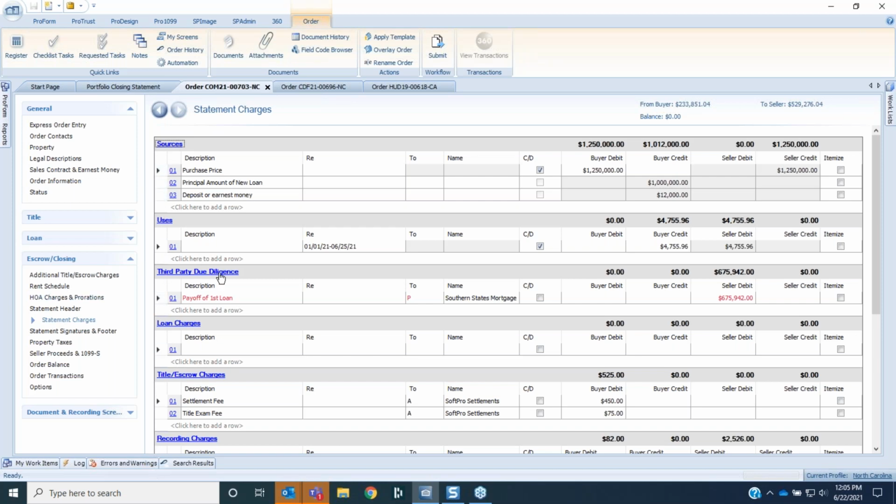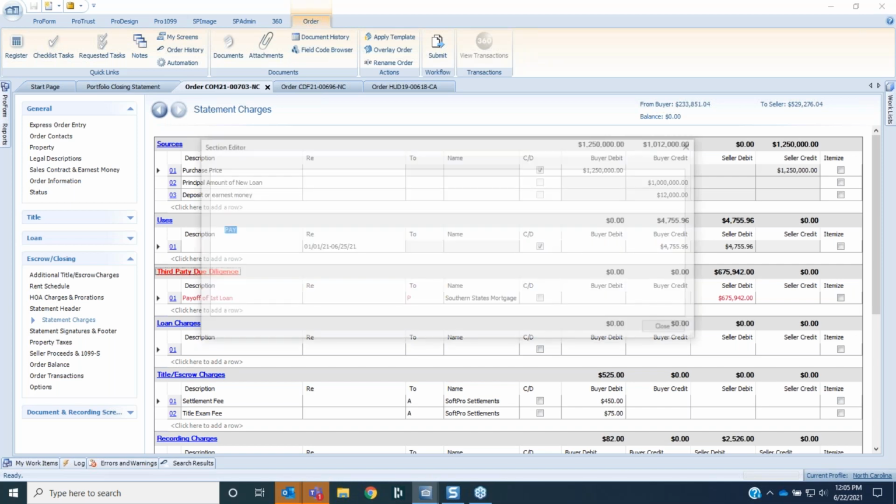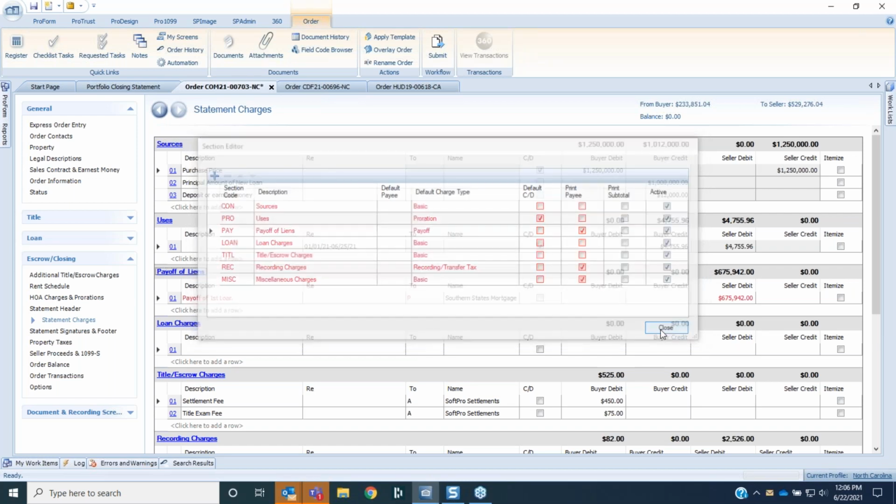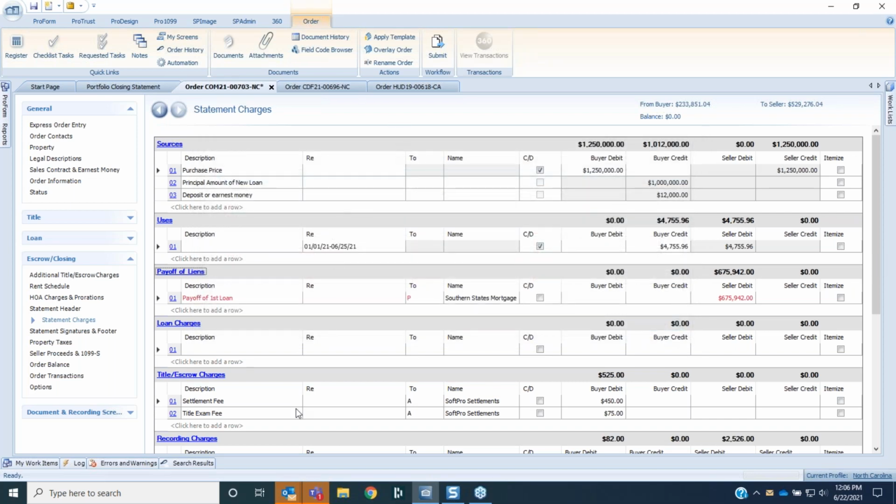So maybe if my QI company says, look, I want all your payoffs to get grouped together in a section, and I want that section to be called payoffs, well, I can come into my statement charges area, and I can call that section whatever I want. So let's say I've got payoff of lien. And that allows me to customize each section to meet the needs of that QI company if needed.